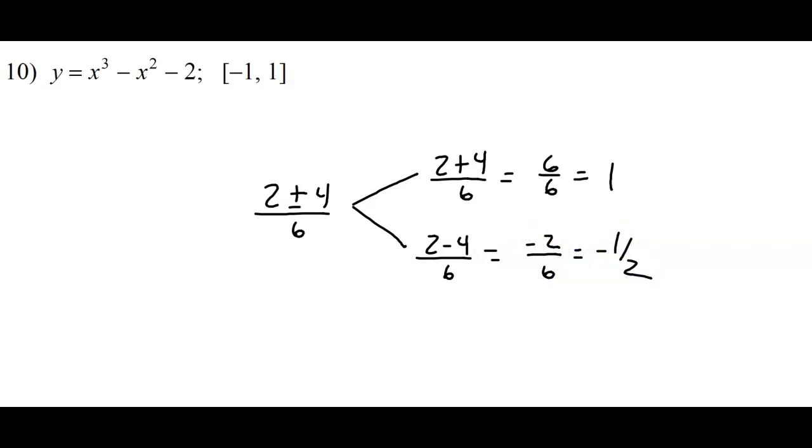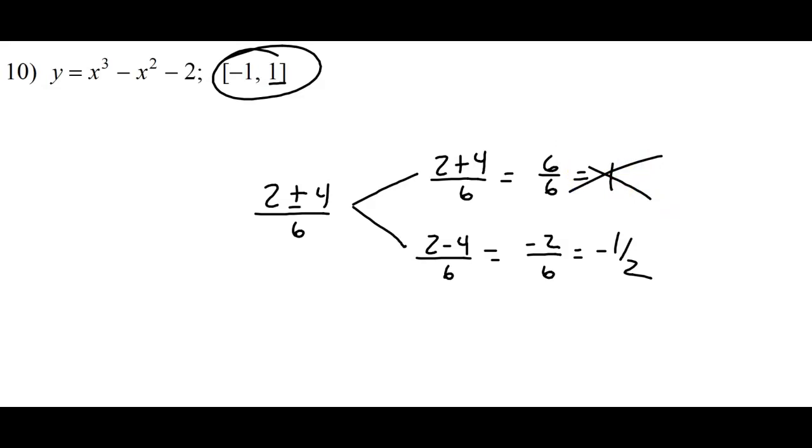Now, those are my two answers, but we only want to include answers that are actually on this interval here. Technically, both of them are on this interval. 1 is there, and so is negative 1/3, somewhere in between. But just so you know, when you're doing the mean value theorem, you don't include the endpoints.